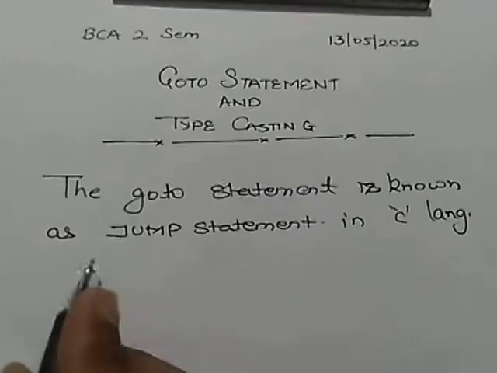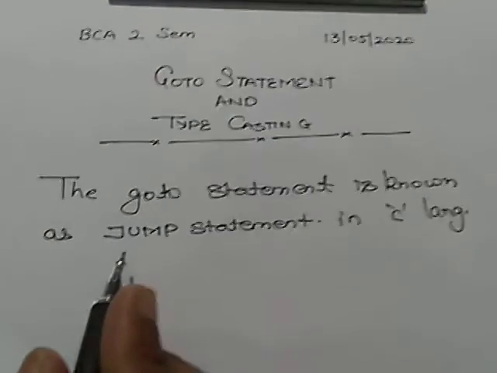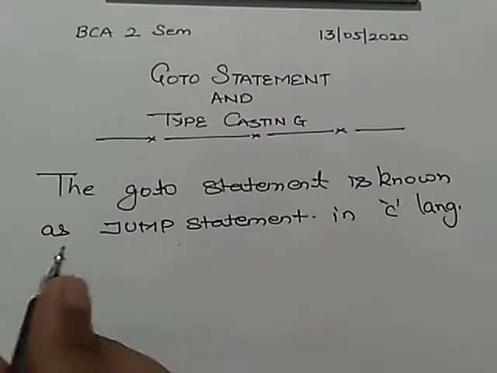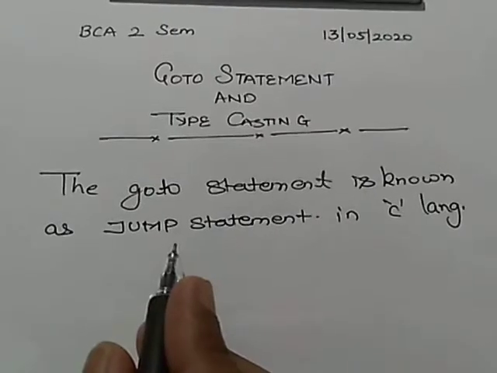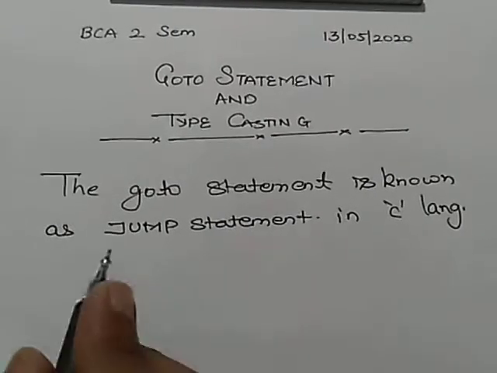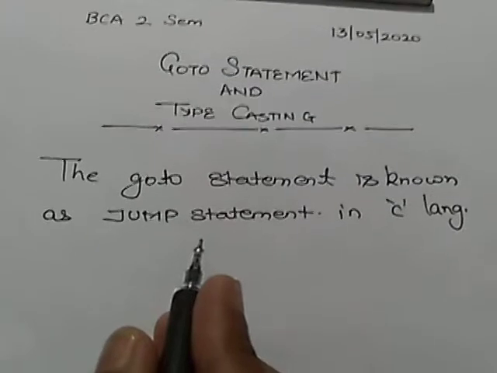In other words, we can say that if you want to go from one part to another part of a program by skipping some portion, we can use the goto statement.